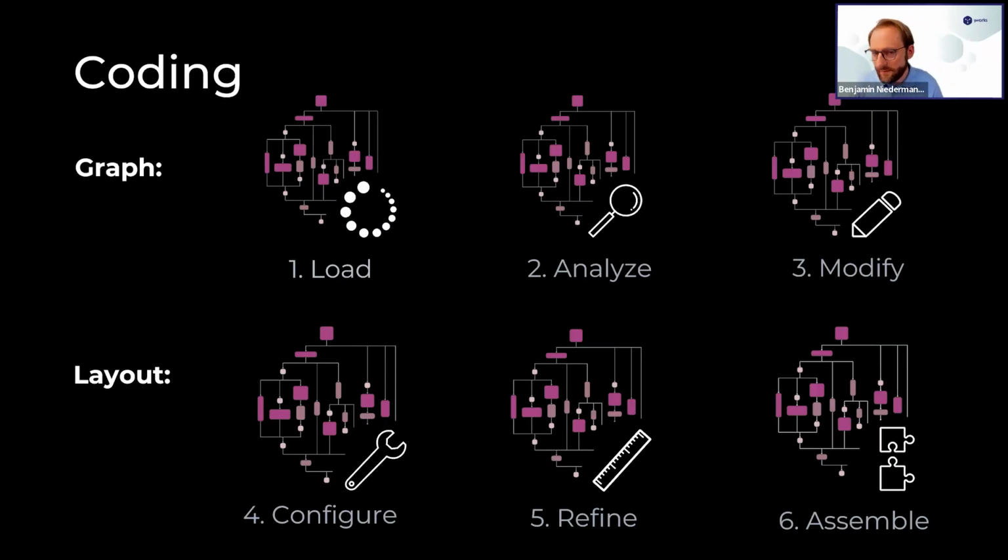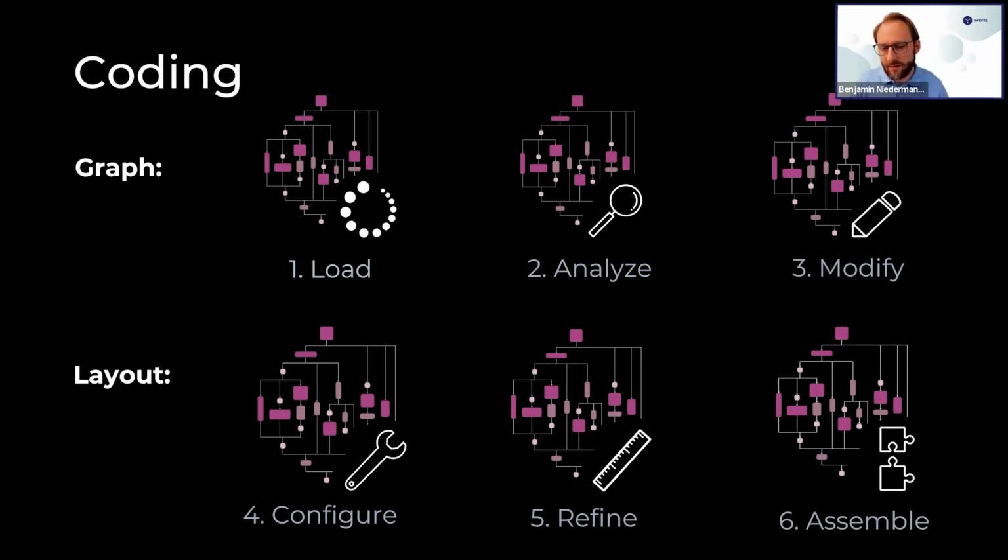So in this webinar, what you've seen is typical steps that you can apply to create graph visualizations in a programmatic way using yFiles HTML. When you talk about the graph structure, it's often about loading, analyzing, and modifying it. And then the next step is typically configuring the layout.